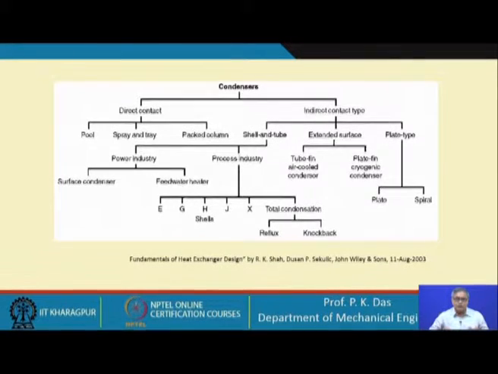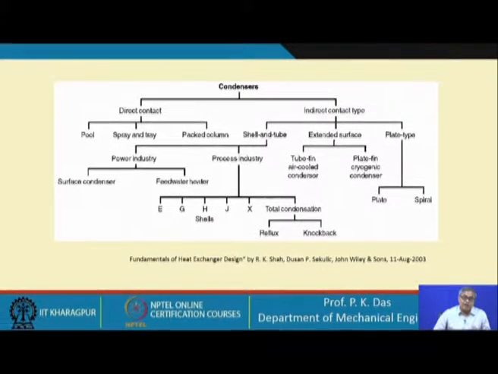Now, this is important: water will be passing through the tube side and steam will be passing over the tube. Again, I will try to show you different diagrams and photographs taken from the net, so that you can get a good idea how the process takes place.